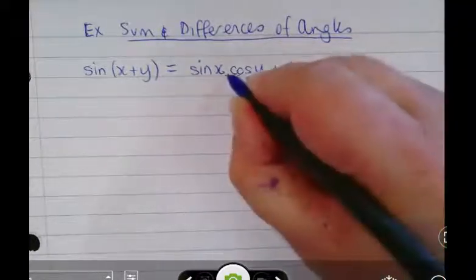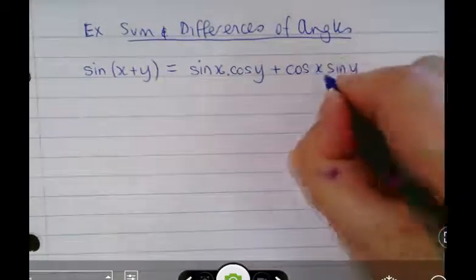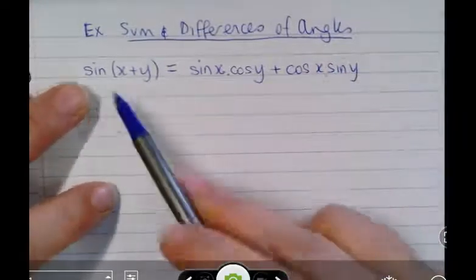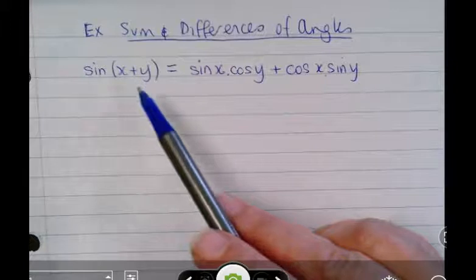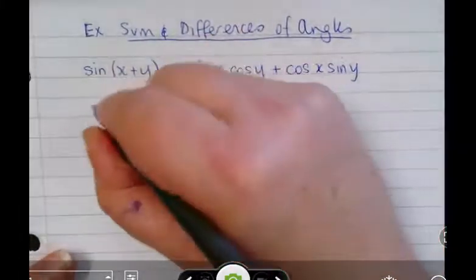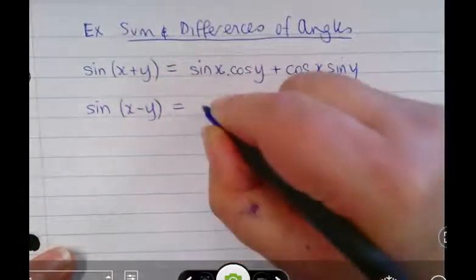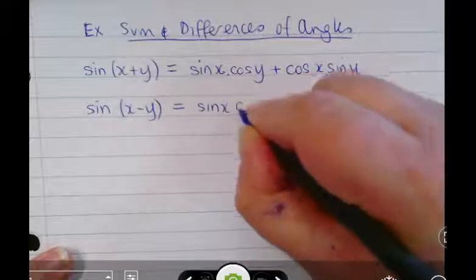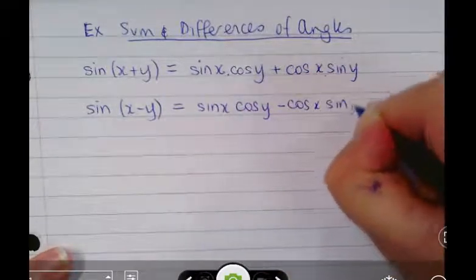I don't need to put the little dot for times. If they're written next to each other, it means they're multiplied. The difference of two angles formula is sine of x minus y equals sine x cos y minus cos x sine y.